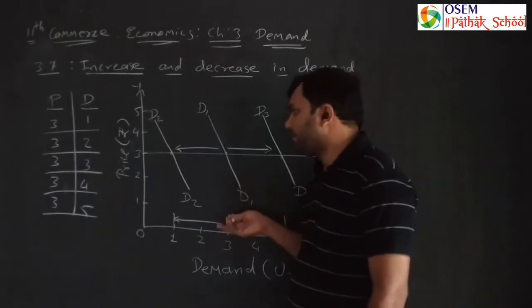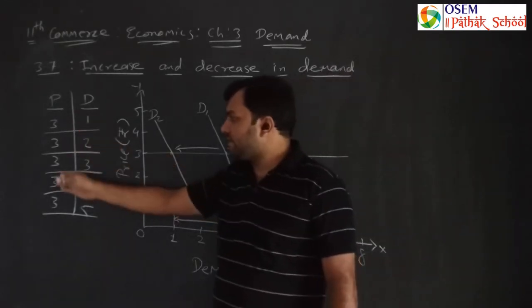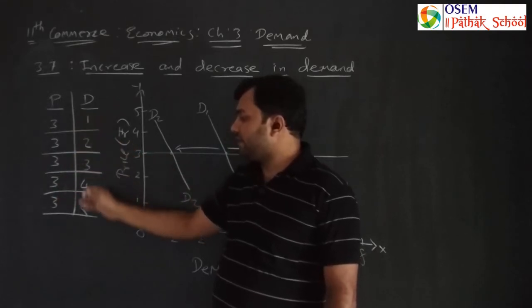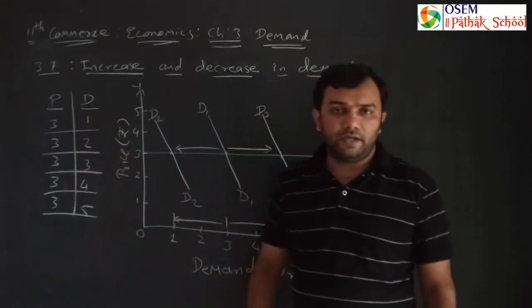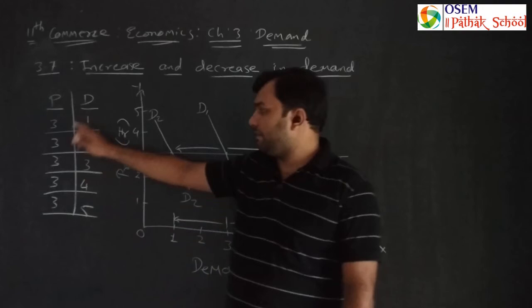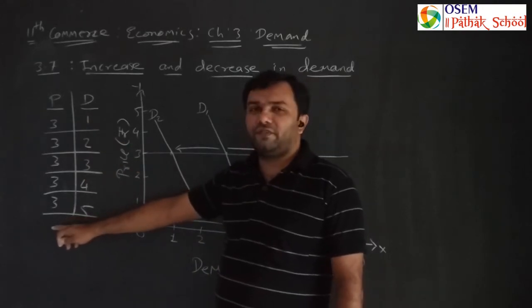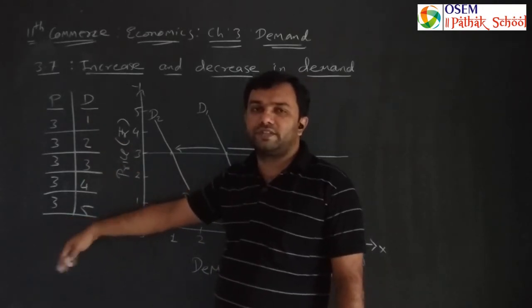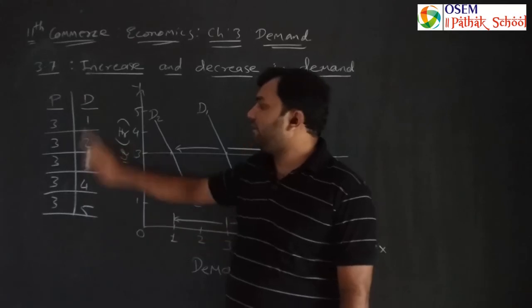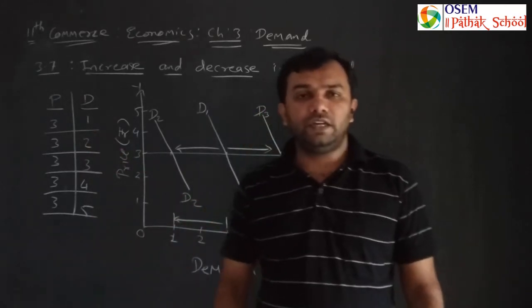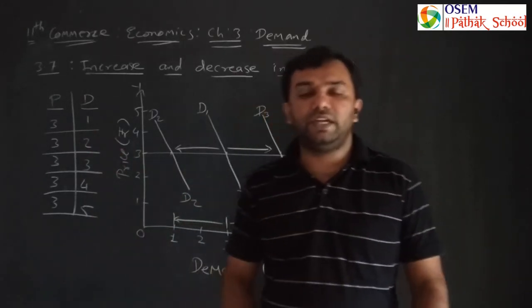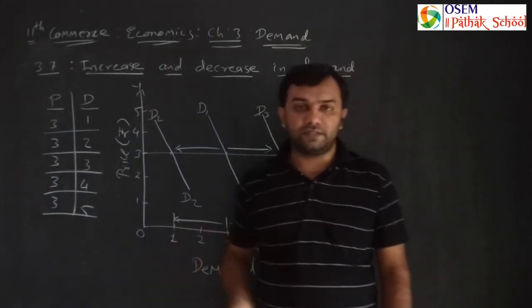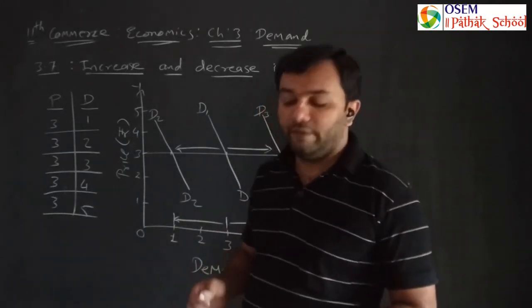So what does it mean? If price is the same and income increases, then there will be an increase in demand. If price is the same but taste and preference changes from the goods towards other goods, then demand will decrease. So here price will remain constant and other determinants become variable.